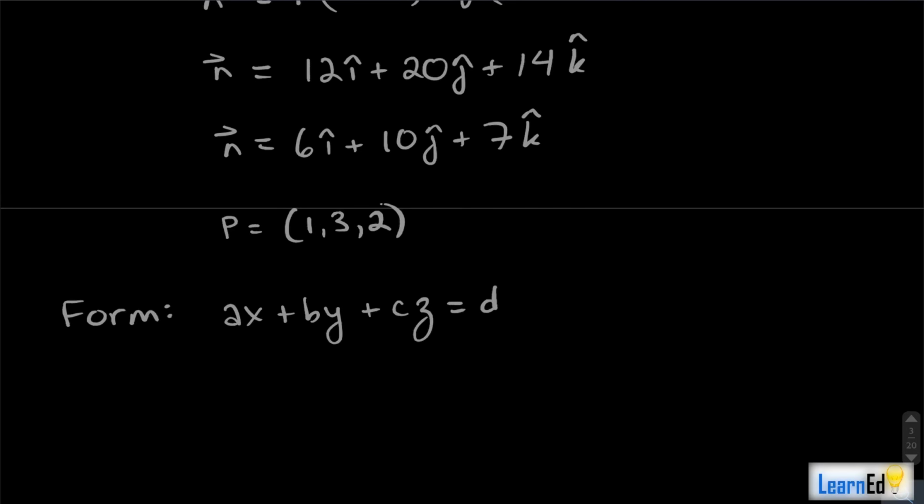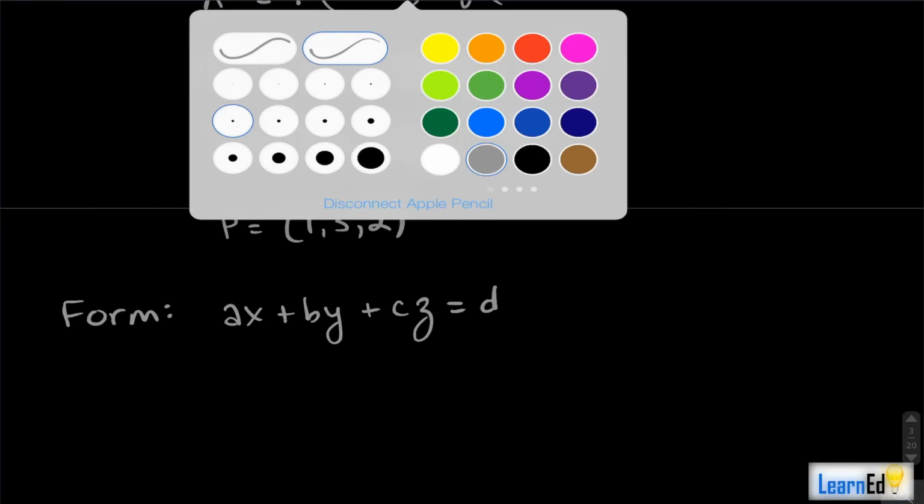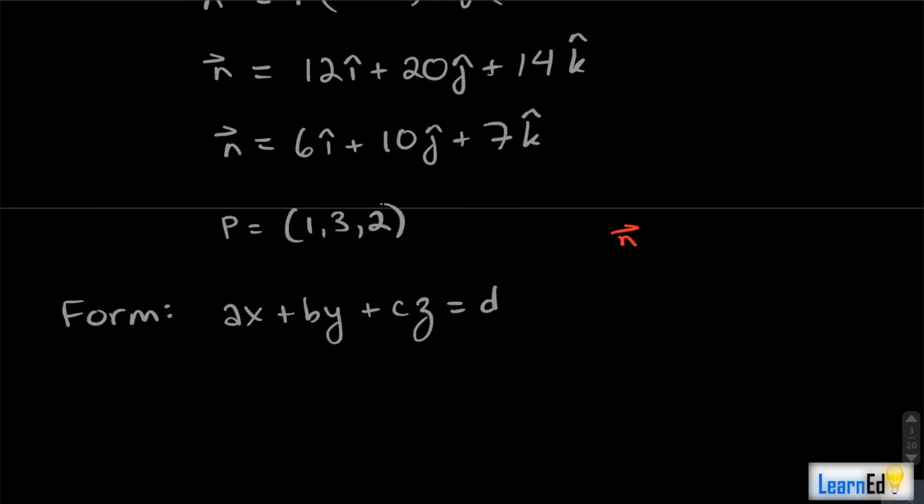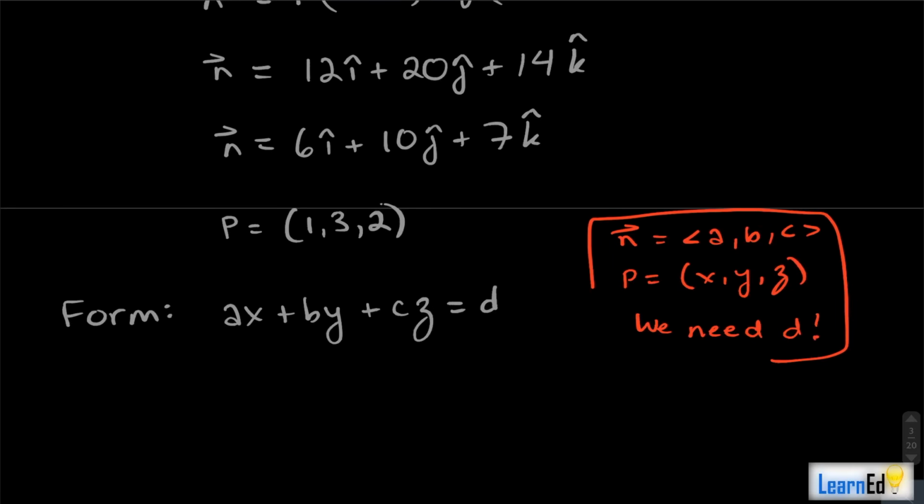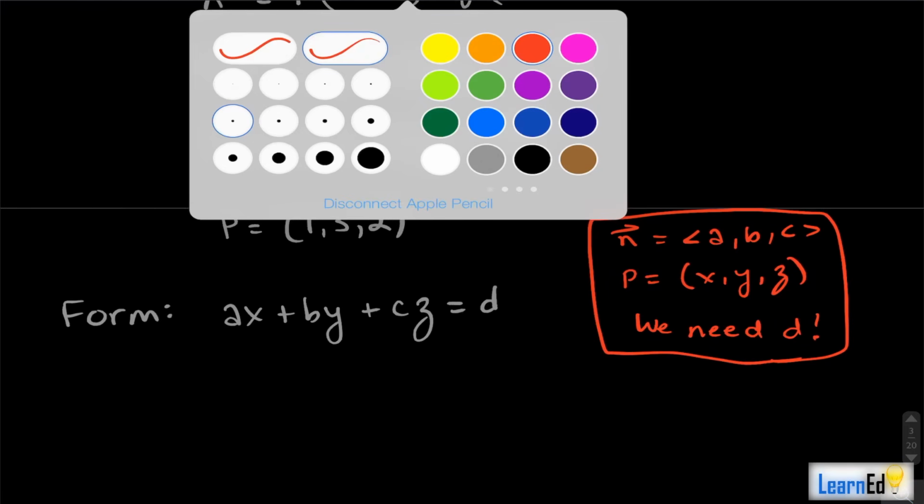Anyways, what's a, what's x, y, z, what's all that stuff? Well, we know that the normal vector has components a, b, c, and our point has our x, y, and z. Okay, so what about d though? Well, we need to find that. So we need d. Okay, so that's the whole point right now. And once we find d, we're going to be okay.